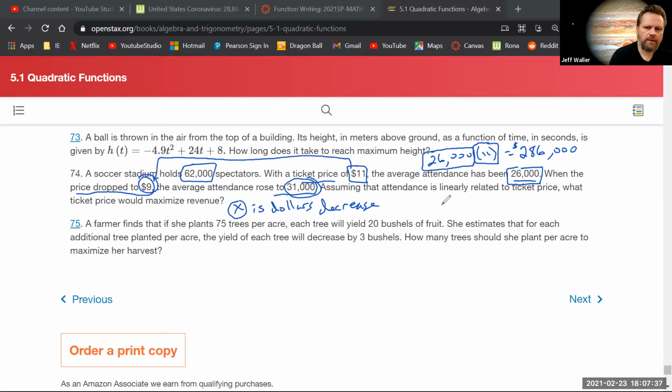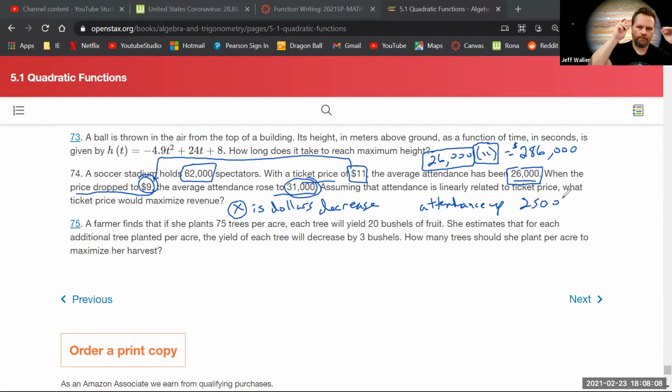And how much did the attendance go up? By 5,000. So on average, how much does it go up for every dollar decrease? 2,500. So for every x dollars in decrease, the attendance goes up. What did we just say? 2,500. Thank you. All right, we stop right here.